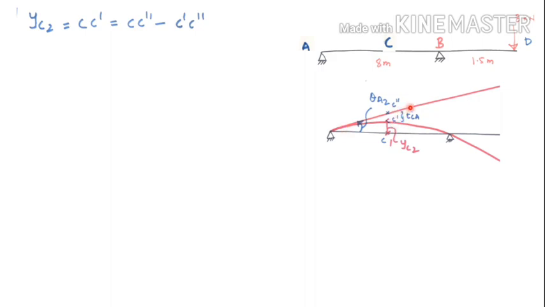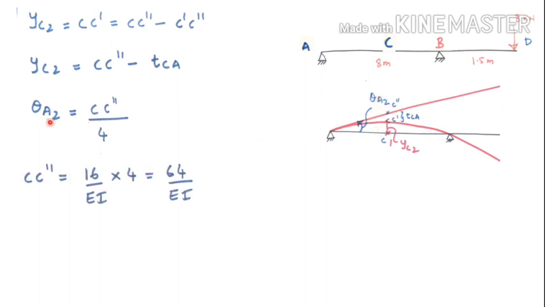Okay, tangent from A, and C is having deviation with respect to this tangent, and this dimension or this deviation is TCA. And you see this C dash C double dash we can find by knowing theta A2. So the value of theta A2 is known. Just substitute here, multiply it by 4. Okay, C double dash equals 64 by EI. Now we will see how to find this TCA.